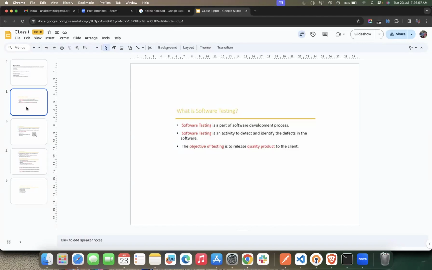Software testing is an activity in software development to ensure that the software meets the agreed requirements and design. The application works as expected, does not contain serious bugs, and meets user expectations.